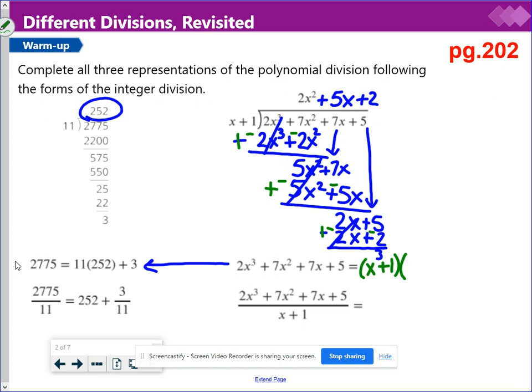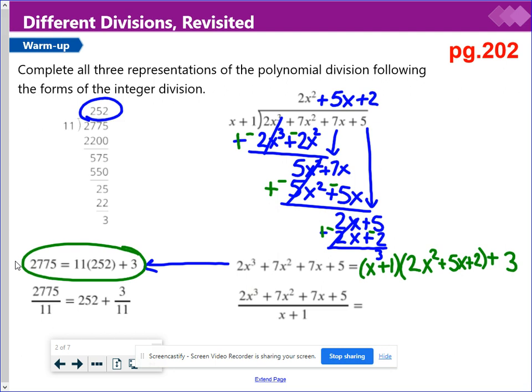And that could be multiplied by 2x squared plus 5x plus 2, thinking about what we just did with our division. But we also have that remainder, and that remainder is going to be the plus 3, just like we wrote it over here. It's just that we're writing it as polynomials.